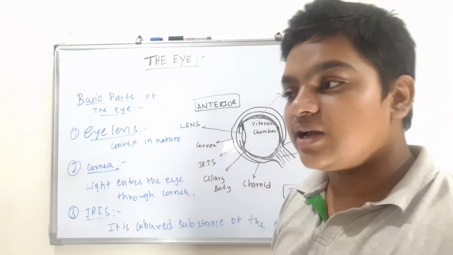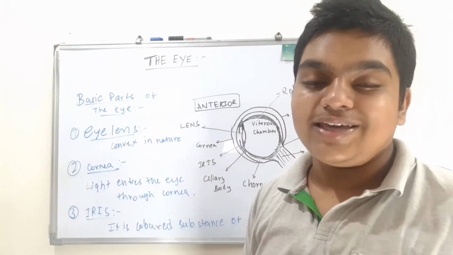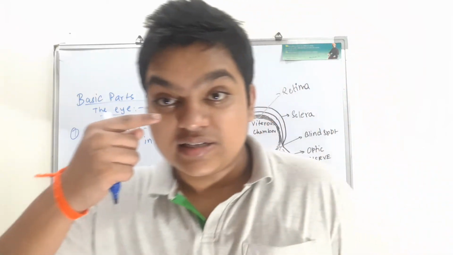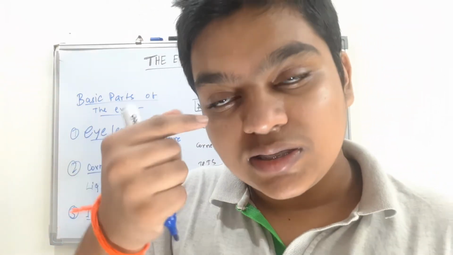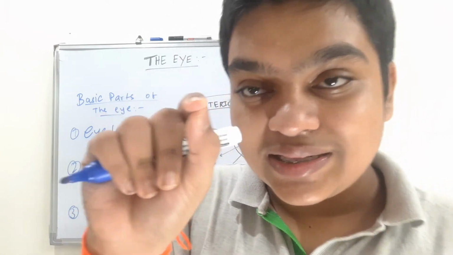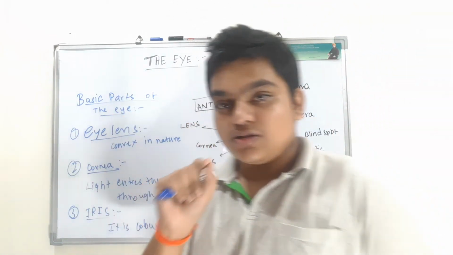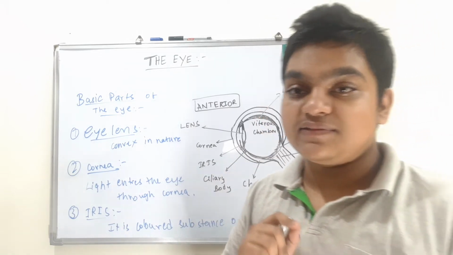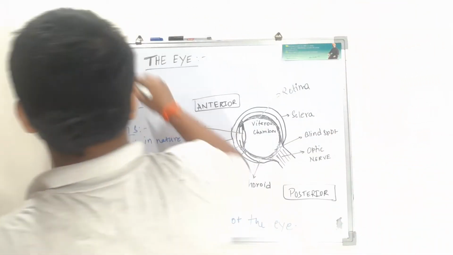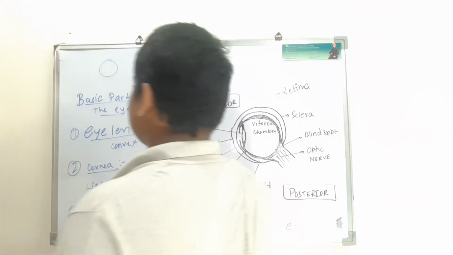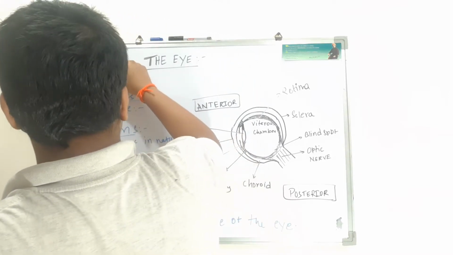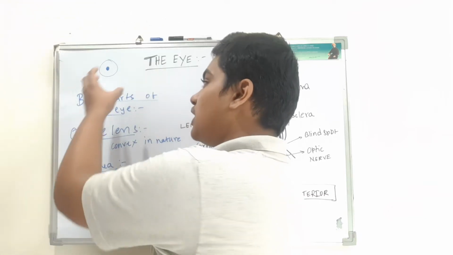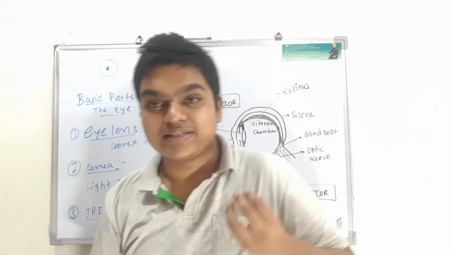The pupil regulates the amount of light entering the eye. When you see your iris, this black colored part, inside it there is another small circle. You can see that very clearly. Let me try to show. This is your iris, for suppose, and in between it you will be able to see a small colored substance.